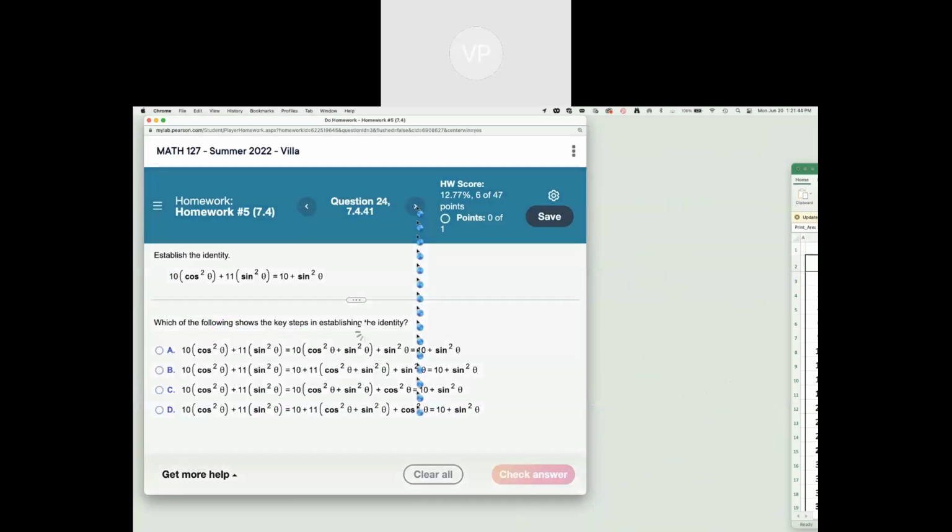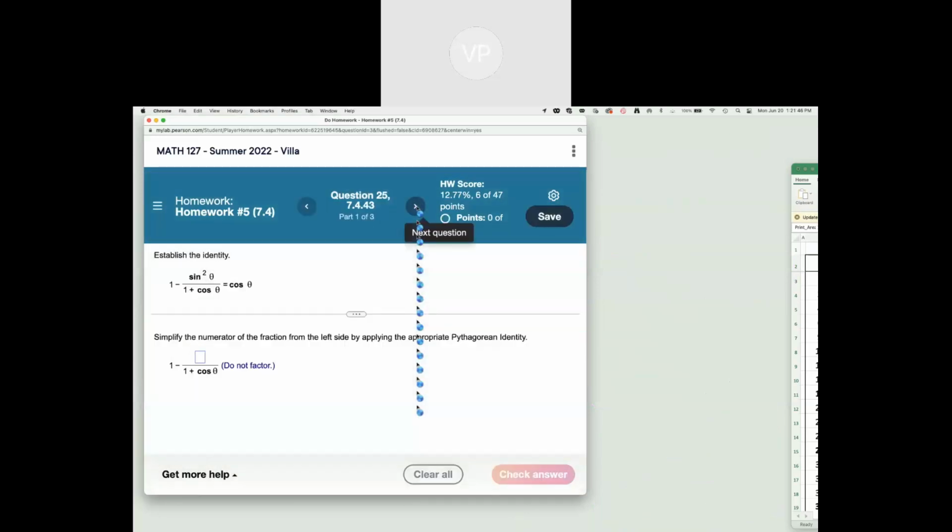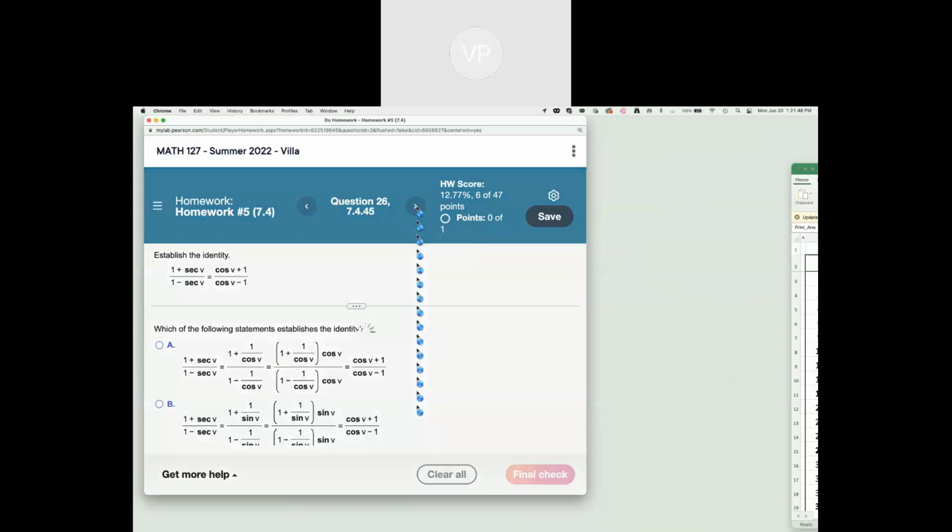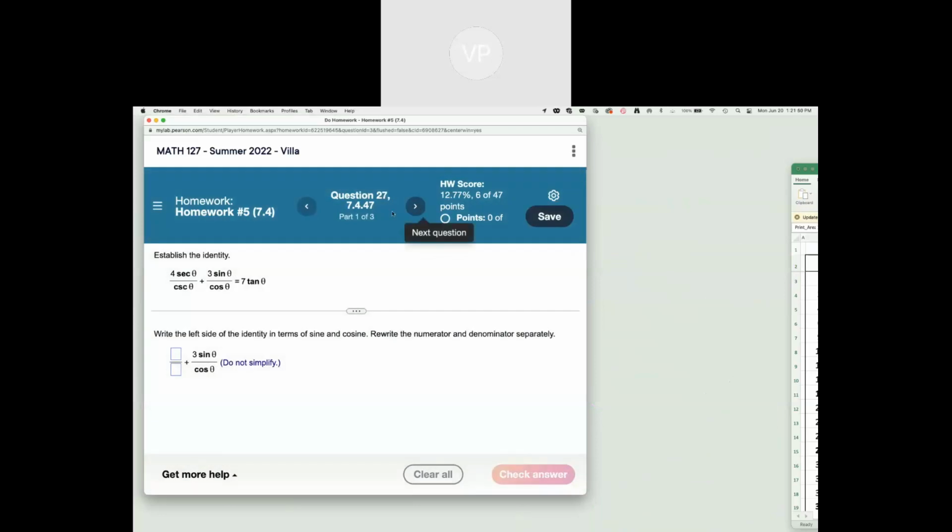All right, let's look at number 27. Okay, so in this one, this is one of these where they want you to go step by step. So let's try to work on it that way. All right, so write the left side of the identity in terms of sines and cosines.